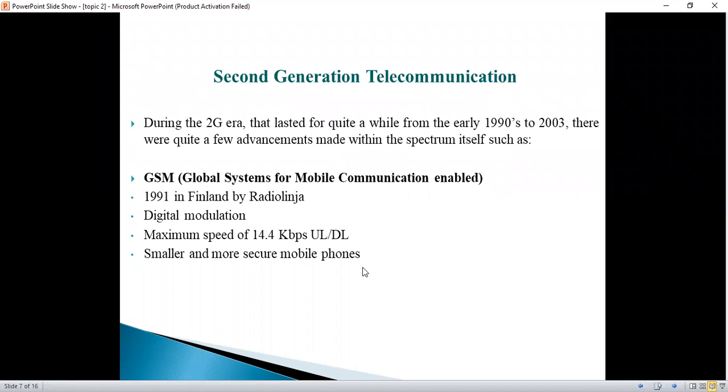You can see the difference in all these, speed and all. You can see this UL and DL. This represents uplink and downlink. Just as an example, like you upload something and you download something, how much frequency do they take, what is their speed. This uses digital modulation. Now what is modulation?